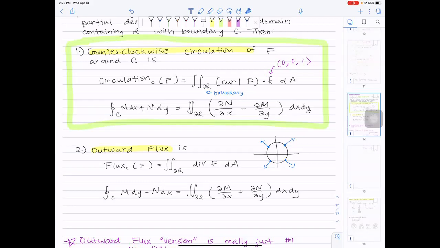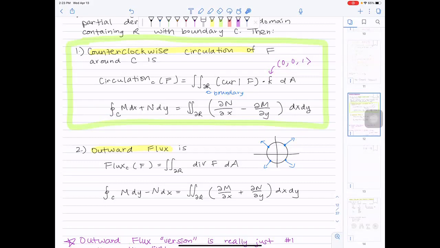You get the negative version of it. I get the confusion.